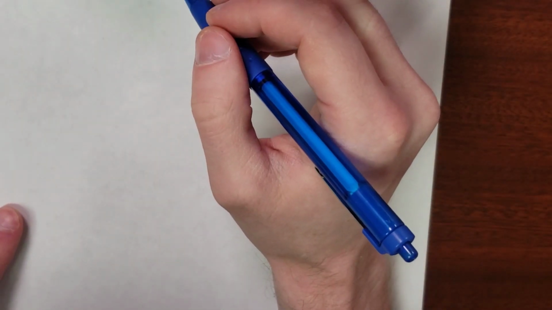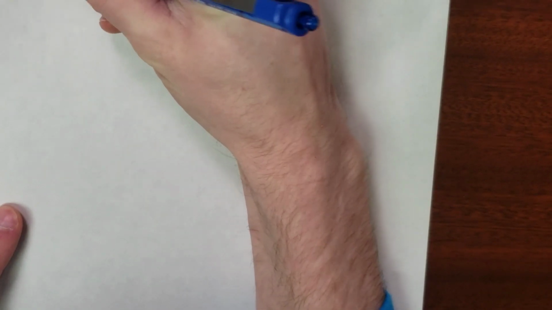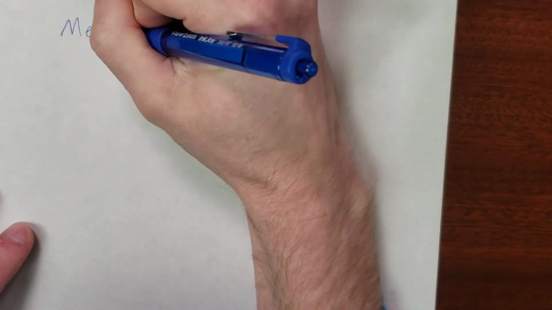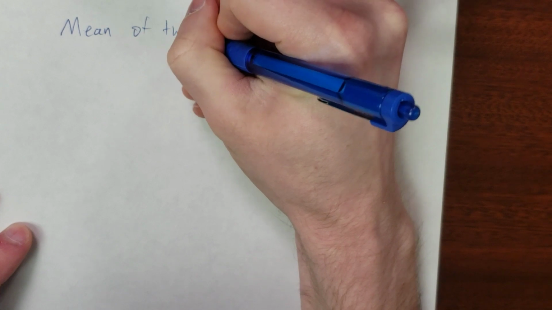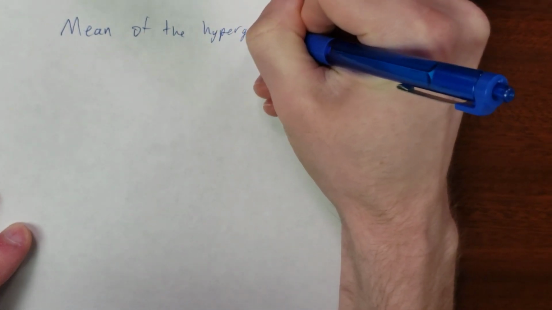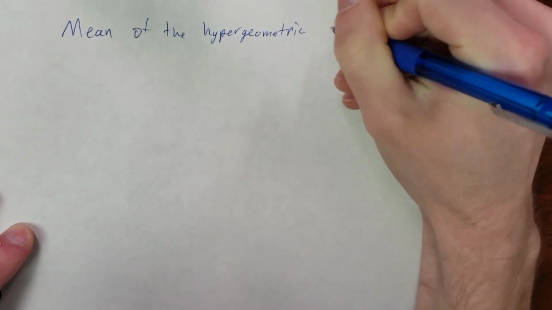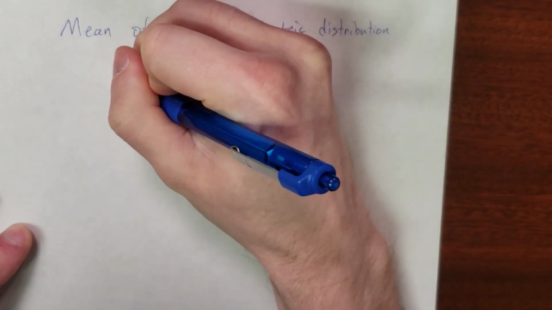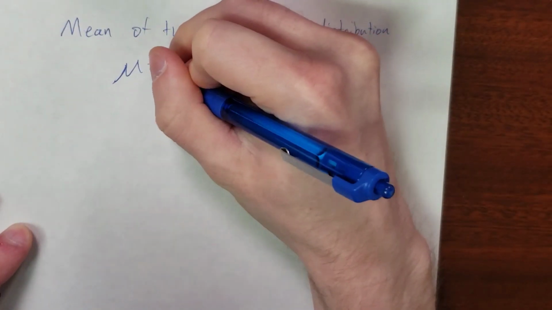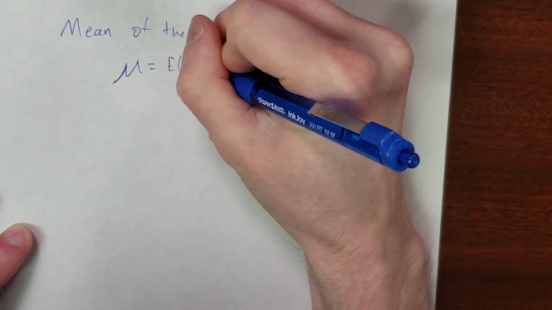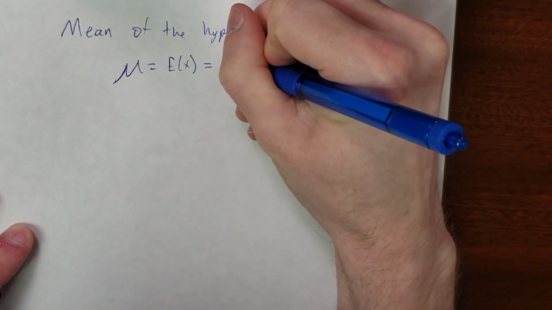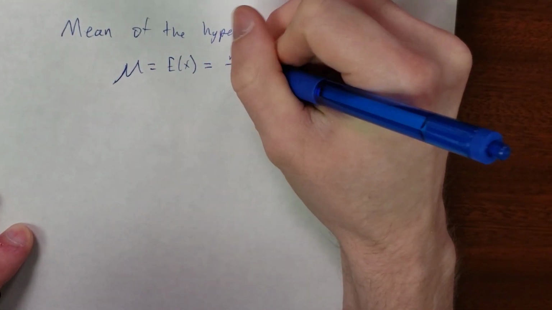First, the mean of the hypergeometric distribution is given by mu is equal to E of x, so it's just a different notation. And this is lowercase n times capital E all over capital N.